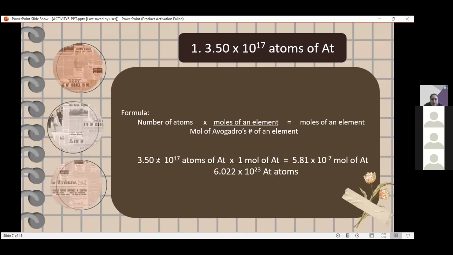So we just substitute. 3.50 times 10 to the power of 17 atoms of astatine times 1 mole of astatine over 6.022 times 10 to the power of 23 astatine atoms. Then we just cancel the atoms so that the mole of astatine remains. So it equals 5.81 times 10 to the power of negative 7 moles of astatine.